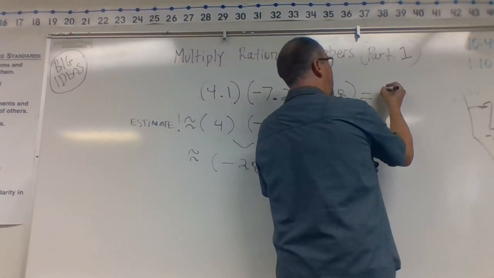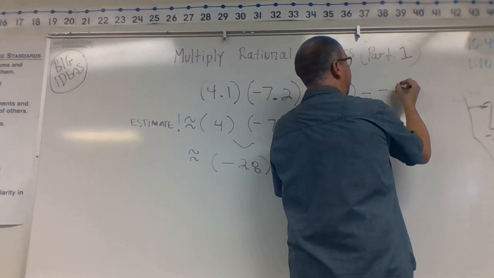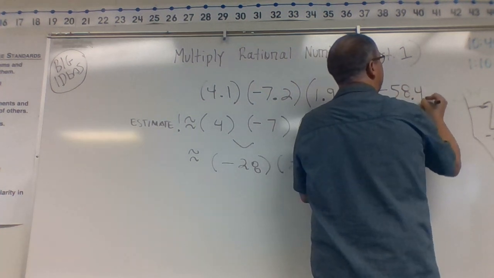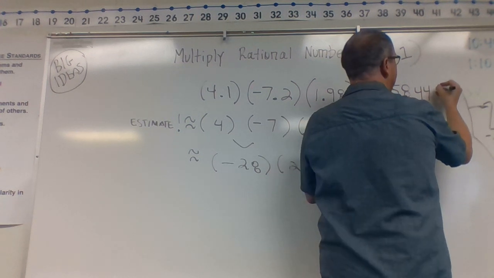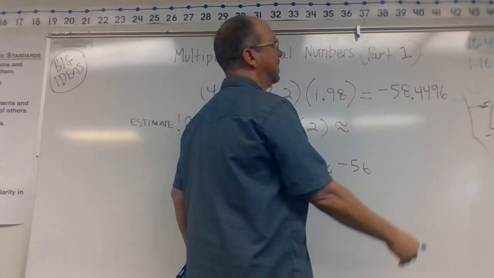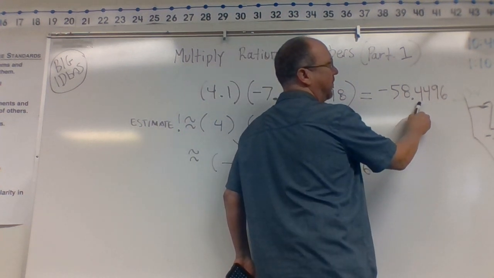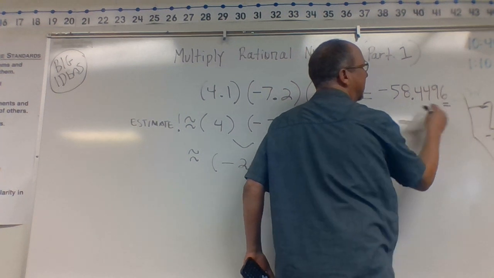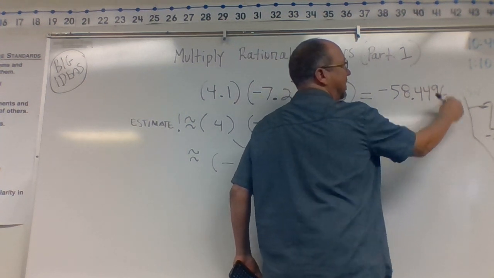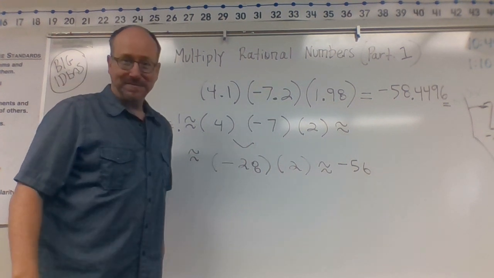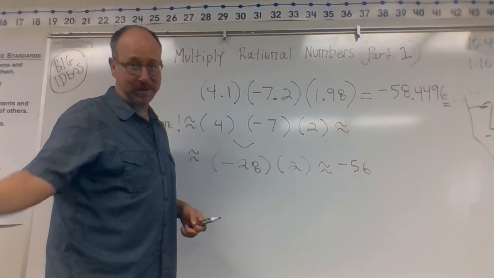So it's going to be equal to a negative 58 and 4,496 ten thousandths. For 4,496, the place value here is ten thousandths. Okay? There we go. Multiplying rational numbers, part 1.